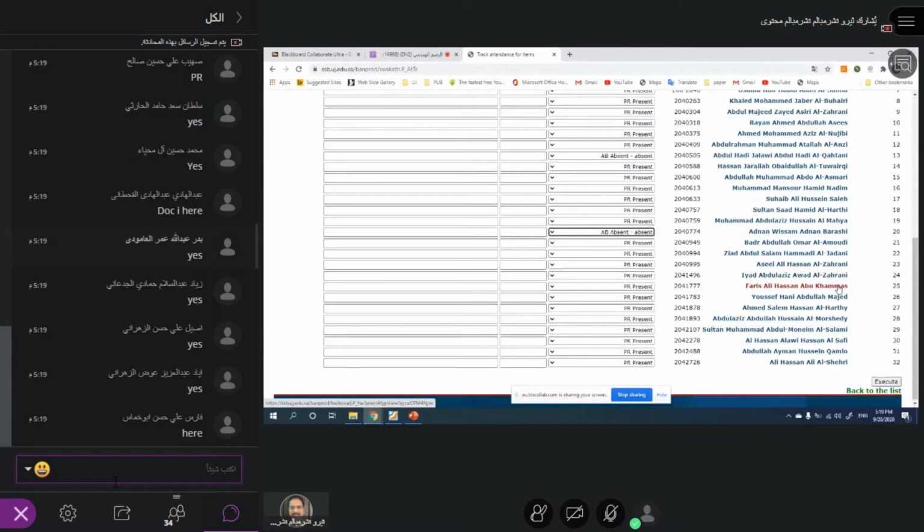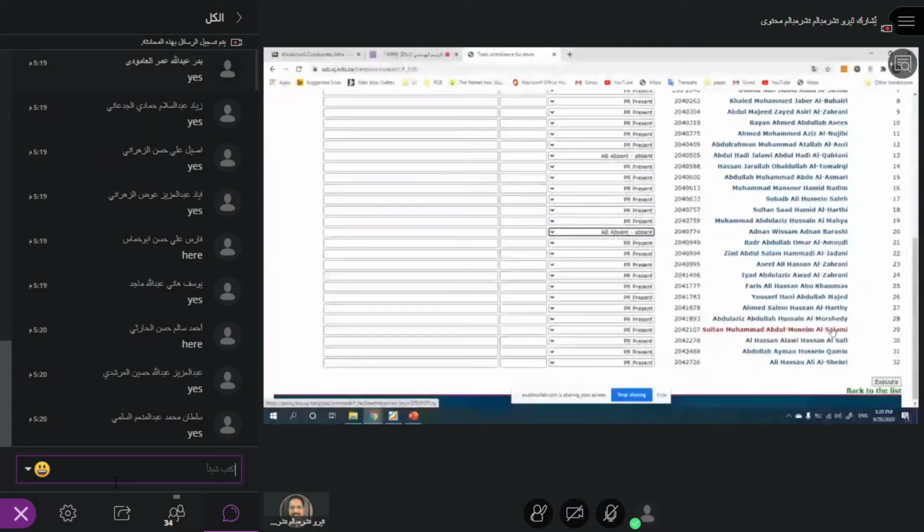Faris Ali Hassan Abu Kamas. Yusuf Khani Abdullah Majid. Ahmad Salim Hassan Al-Harti. Abdulaziz Abdullah Hussain Al-Marshedi. Sultan Muhammad Abdul Monim Al-Salami. Al-Hassan Allawi Hassan Al-Safi. Abdullah Ayman Hussain Kamlu. Ali Hassan Ali Al-Shairi.